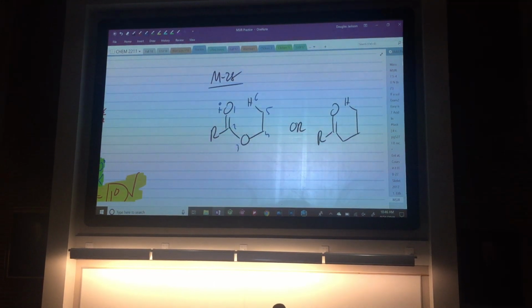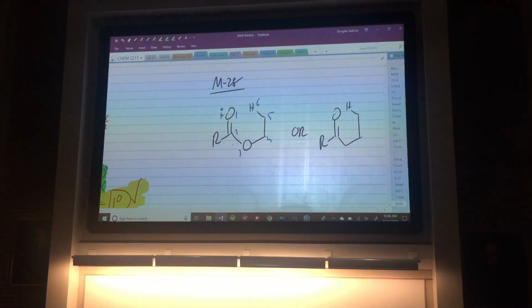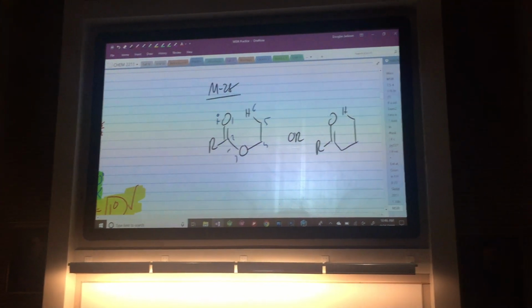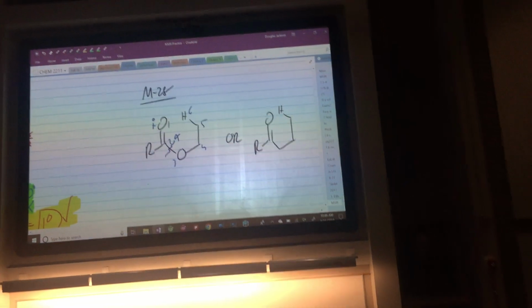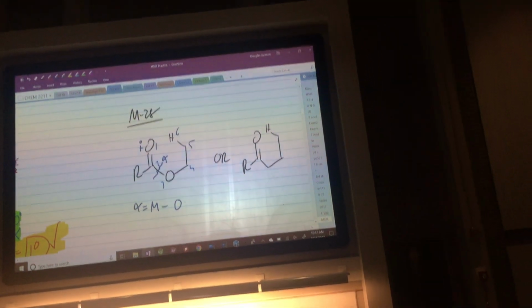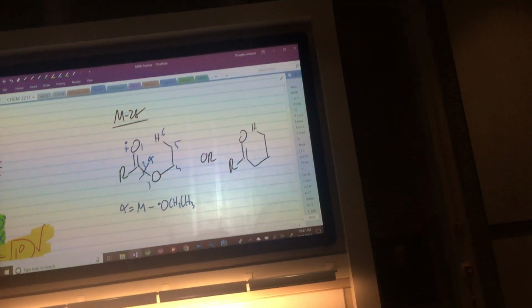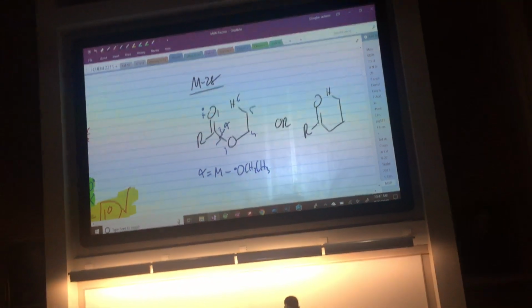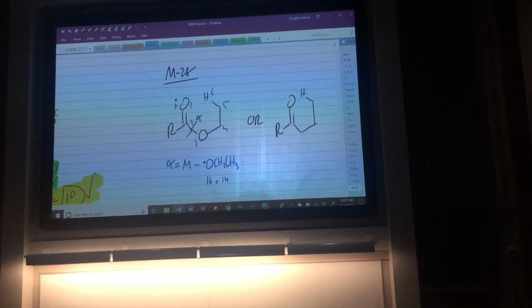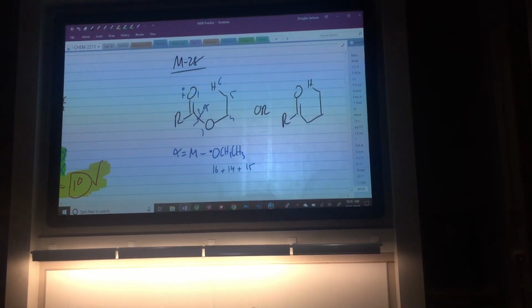If we're seeing that, we should also see an alpha cleavage that gives you the loss of an ethoxy group. So that's 16 plus 14 plus 15, 45.